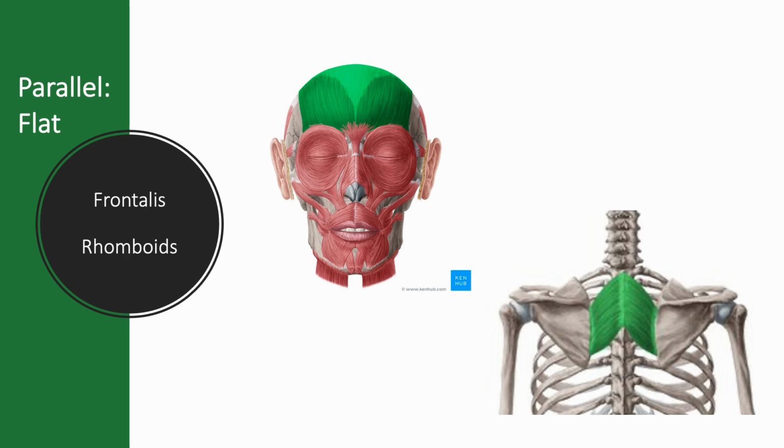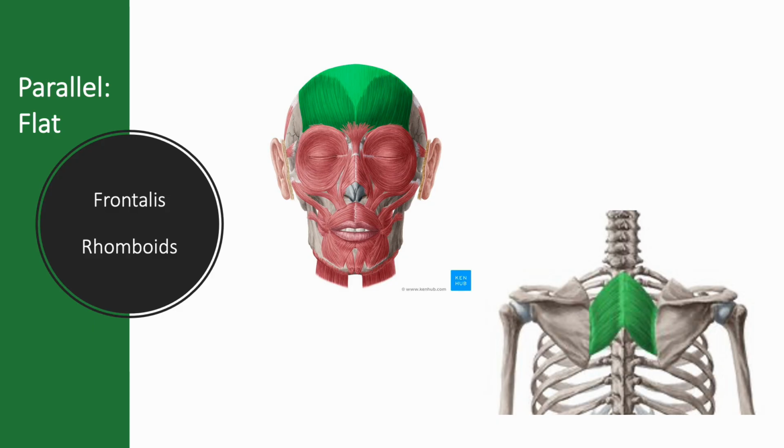Here we have a subcategory of parallel muscles, which are flat, and we have the frontalis and the rhomboids. Think of them as sheets or fans. They're designed to cover large areas and provide protection or broad pull rather than pinpoint precision.